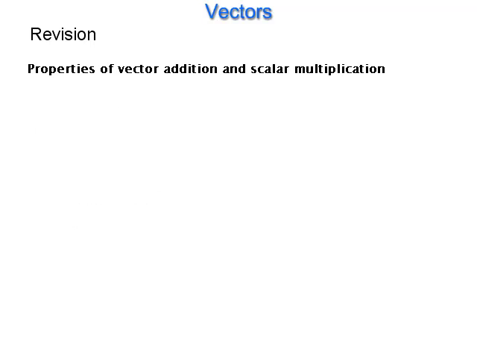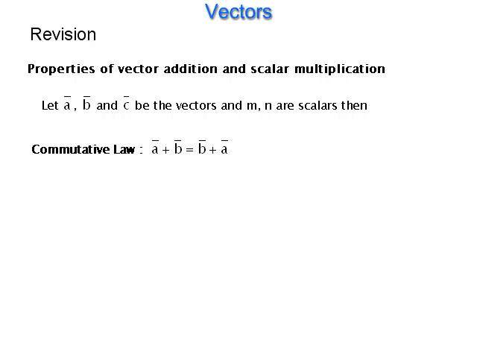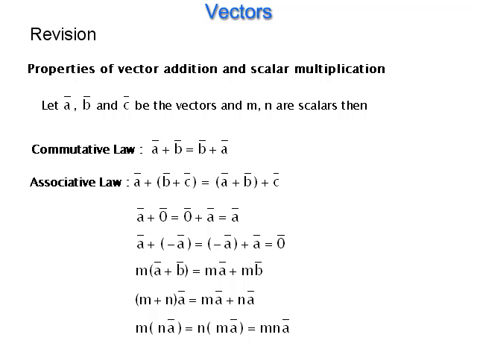Properties of vector addition and scalar multiplication are: let A bar, B bar, C bar be the vectors and M, N are scalars. Then A bar plus B bar equals B bar plus A bar. This is commutative law. A bar plus B bar plus C bar equals A bar plus B bar plus C bar, grouped differently. This is associative law. A bar plus 0 bar equals 0 bar plus A bar equals A bar.